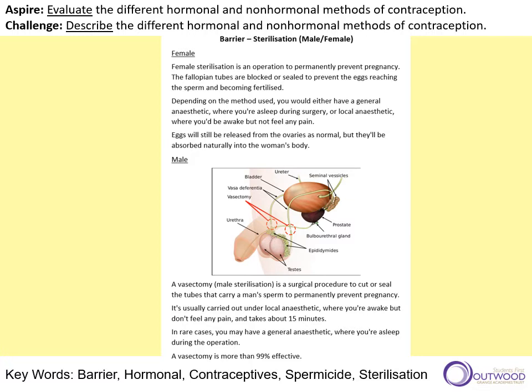So you can see that's what happens there. Now that's where your sperm is released. Okay, so that sperm, by cutting those tubes, never gets a chance to come out of the urethra.